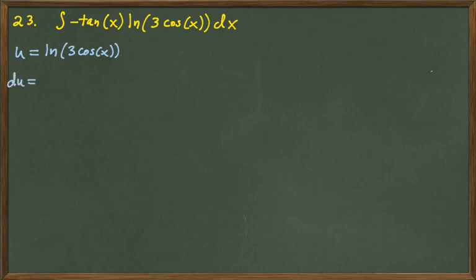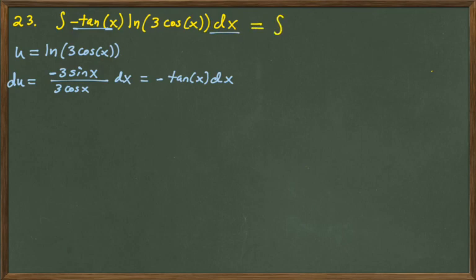Okay, du, so we're going to go ahead and take the derivative of natural log of 3 cosine x. It's going to be u prime over u. So derivative of 3 cosine is negative 3 sine x, all over the u, which is the inside of the logarithm, which is 3 cosine x, and then differential dx. 3 is absorbed, and we have negative tangent of x dx, which appears exactly in the integral, so we can just make a direct substitution.